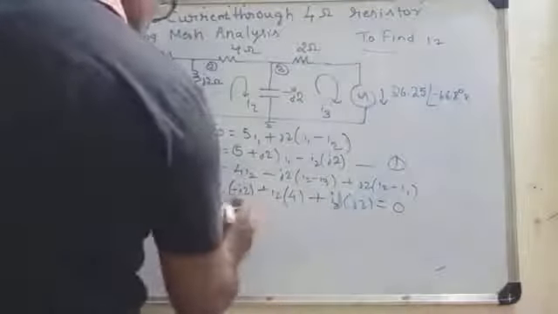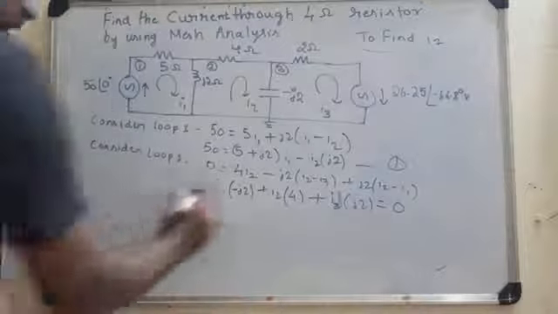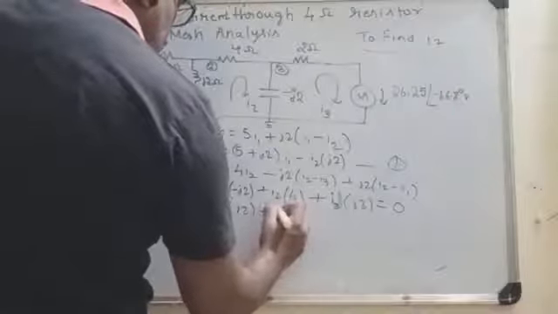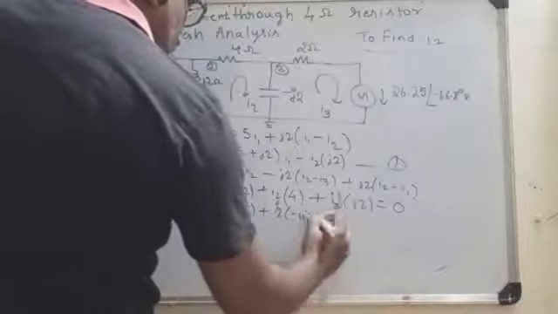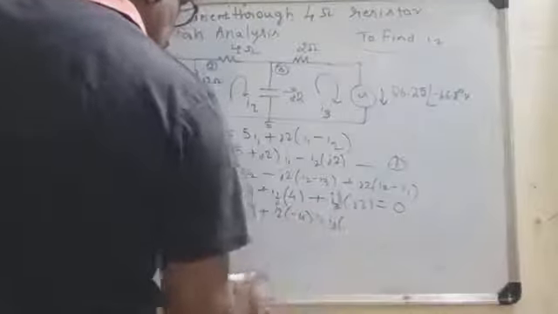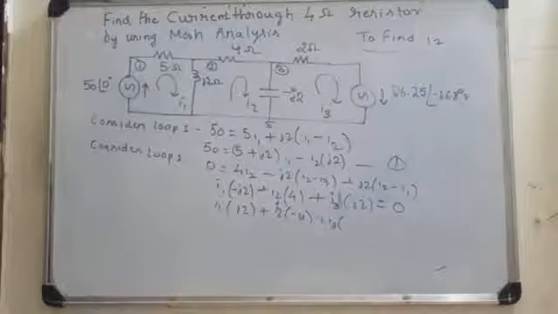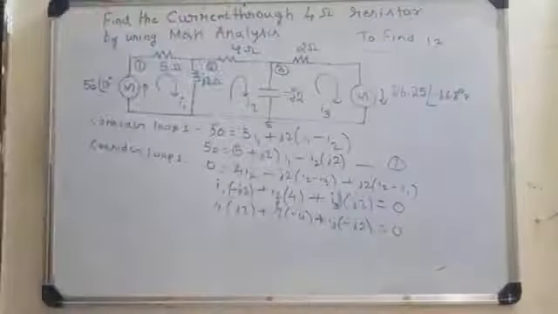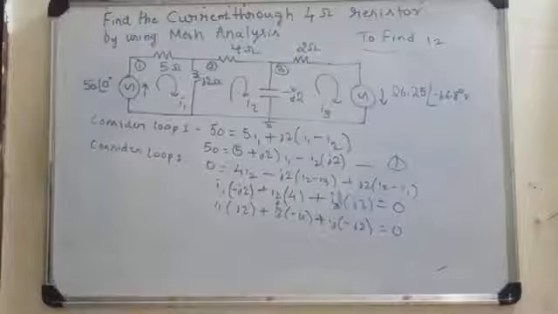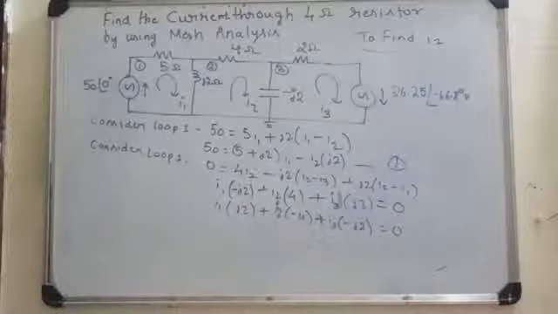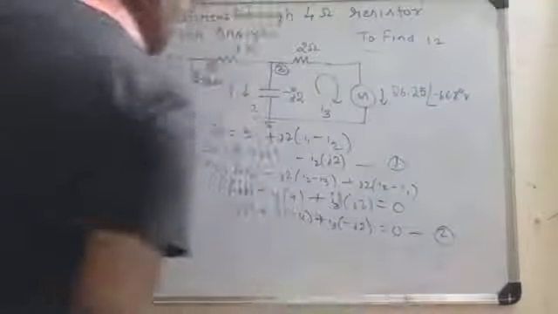So rewriting this, multiplying with minus 1: I1 into j2 plus I2 into minus 4 plus I3 into minus j2. This is the second equation.